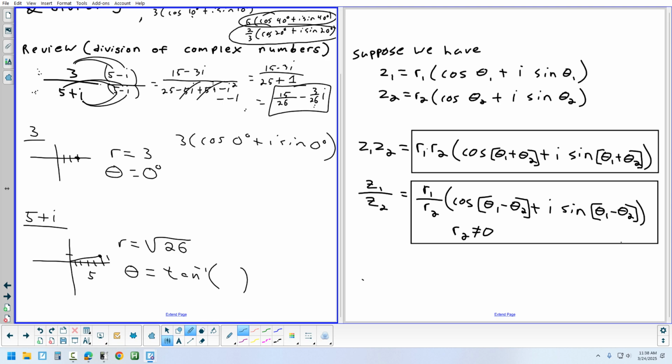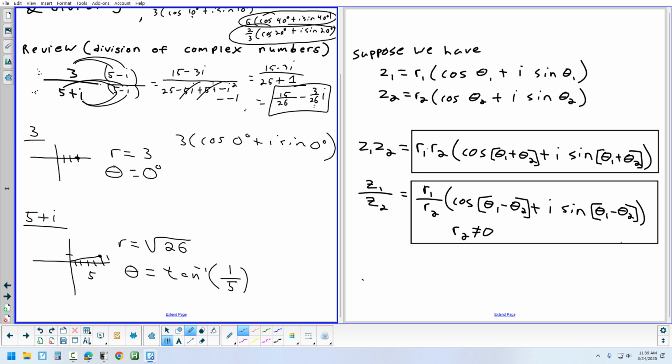In this case, y over x will be 1 over 5. Oh, okay. So y and x both have to be numbers. We don't use an i when we do inverse tangent.